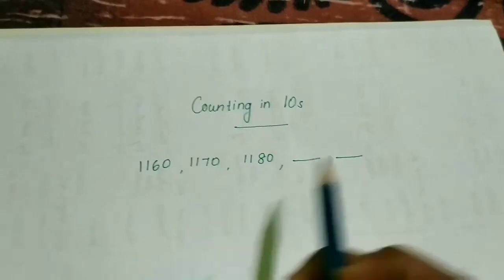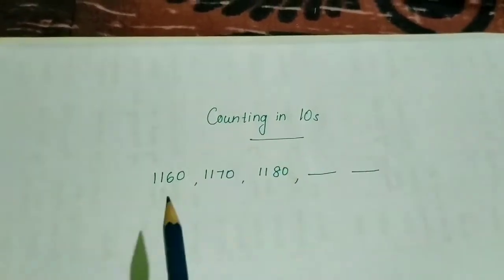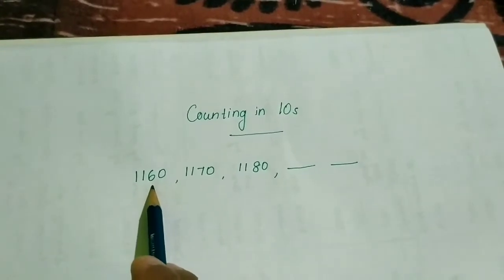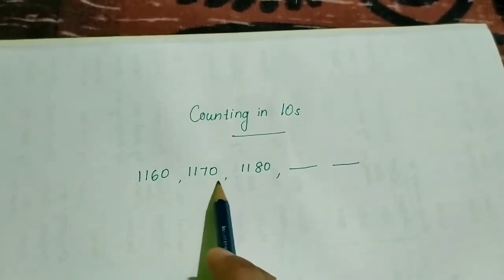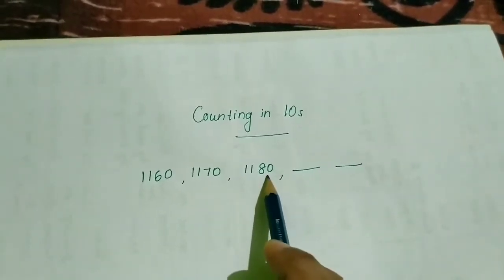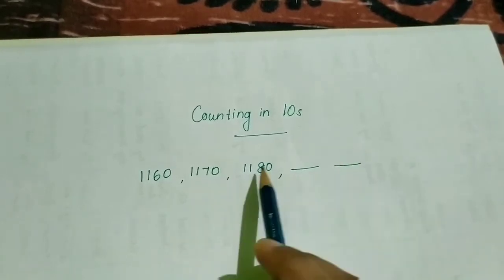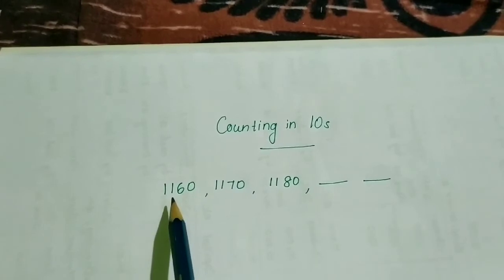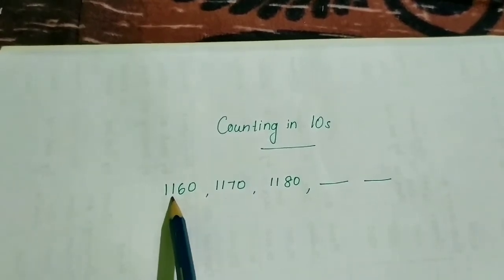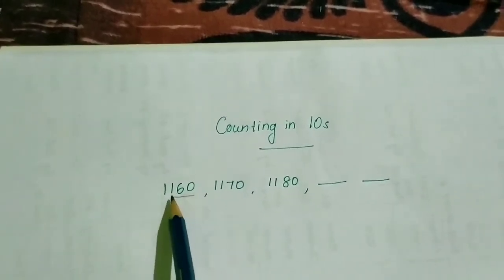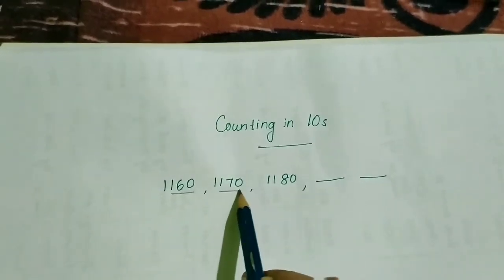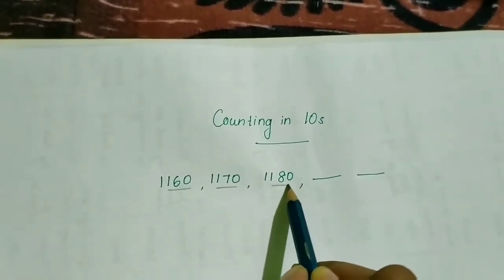Next, we will discuss counting in tens. Here, 1160, 1170, 1180. We have to find the next two numbers. In this case, consider the last three digits. Here, 160 and here 170, 180.